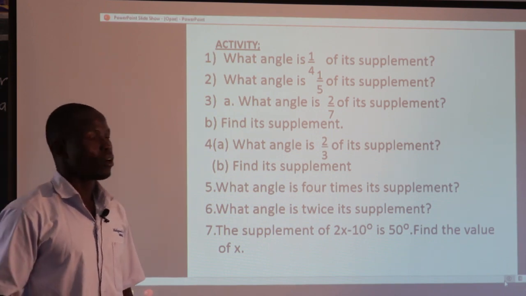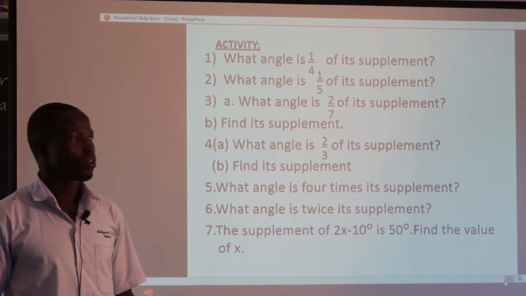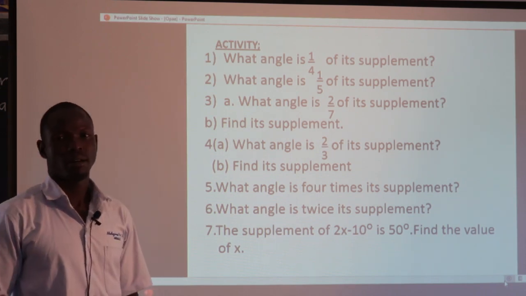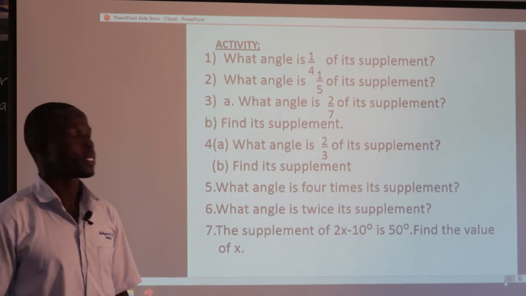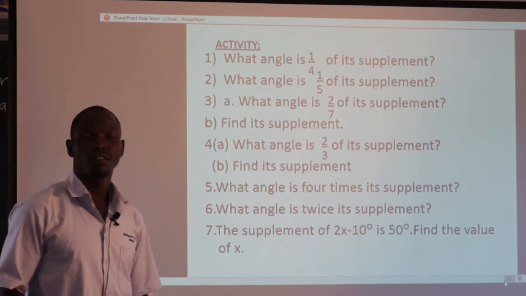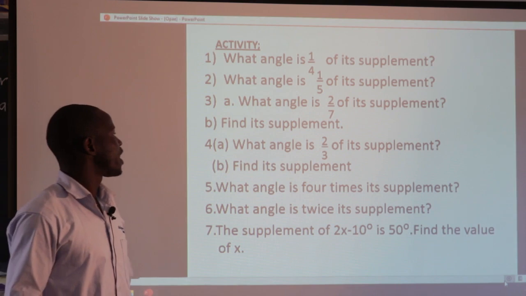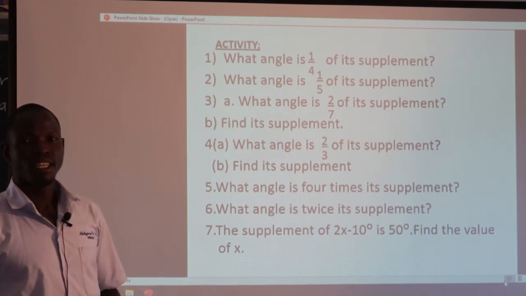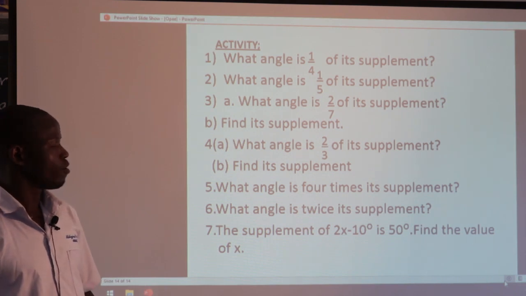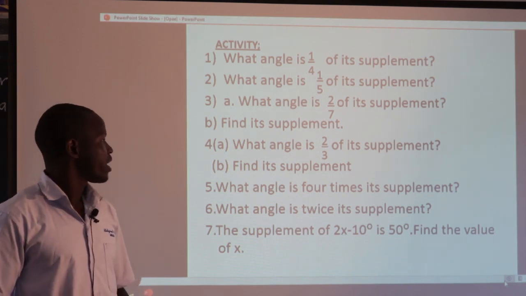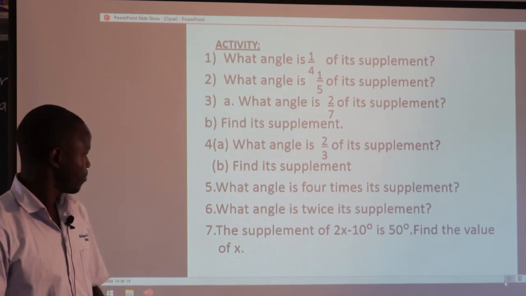Number 3a, what angle is 2/7 of its supplement? 3b, find its supplement. Question 4a, what angle is 2/3 of its supplement? And 4b, find its supplement.